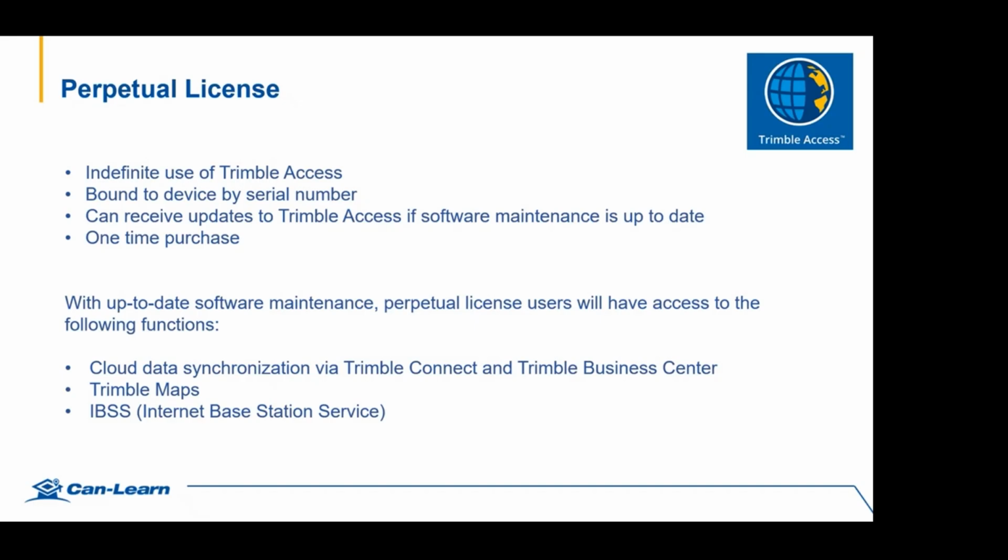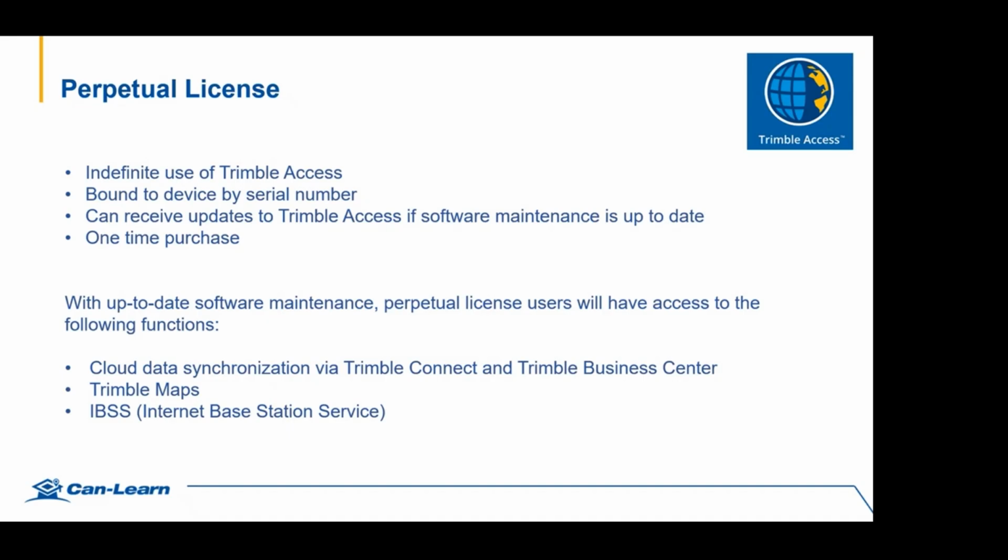Perpetual licenses give indefinite use of Trimble Access, and they are bound to the device by its serial number. You can receive updates to your Trimble Access software if the software maintenance is up to date.